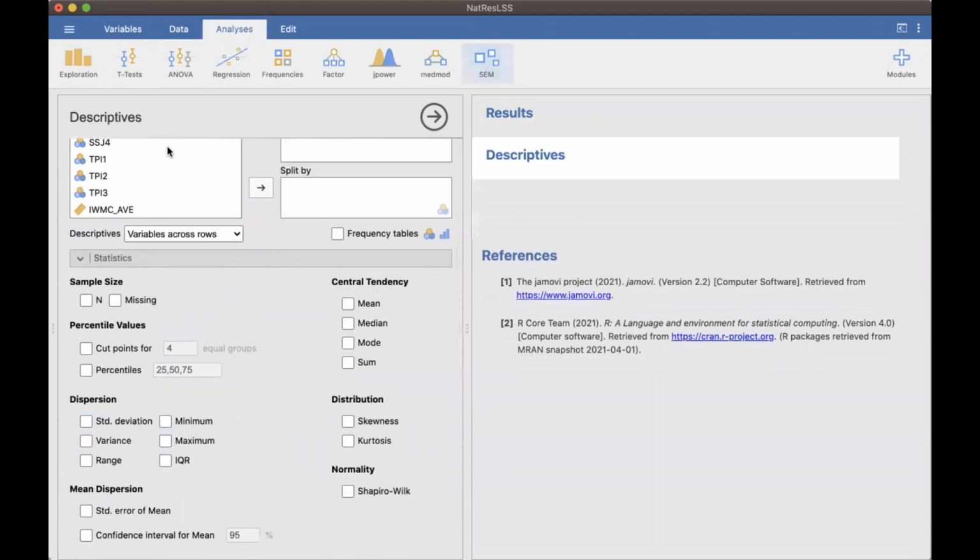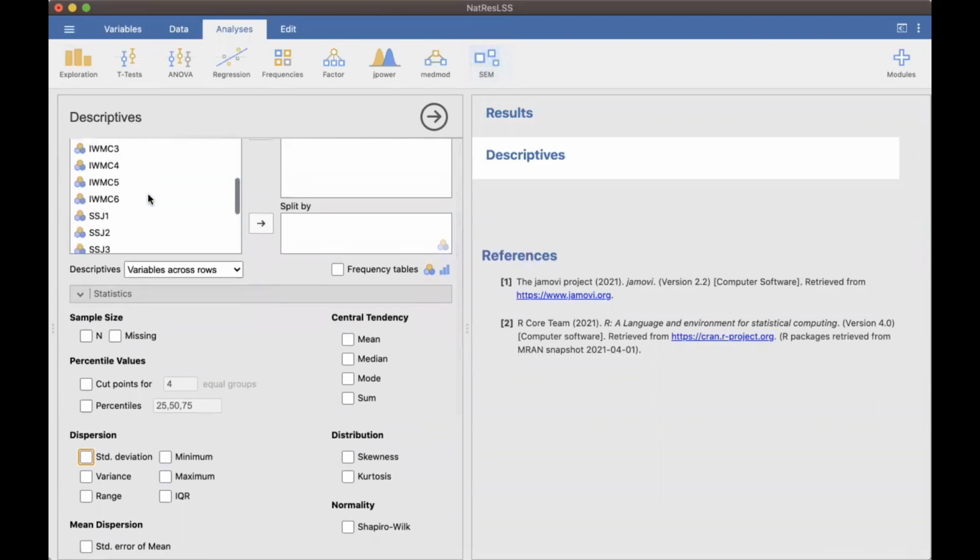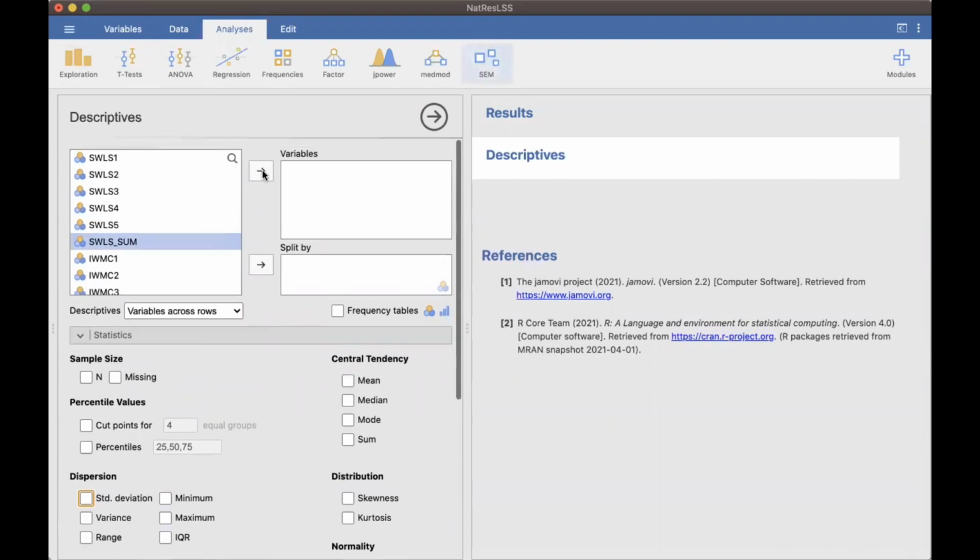What we want are the three domains, the IWMC, SSJ, and TPI, and then we also have the LSS, SWLS here. We'll place them under our variables because these are the continuous variables that we want to see whether they're normally distributed or not.